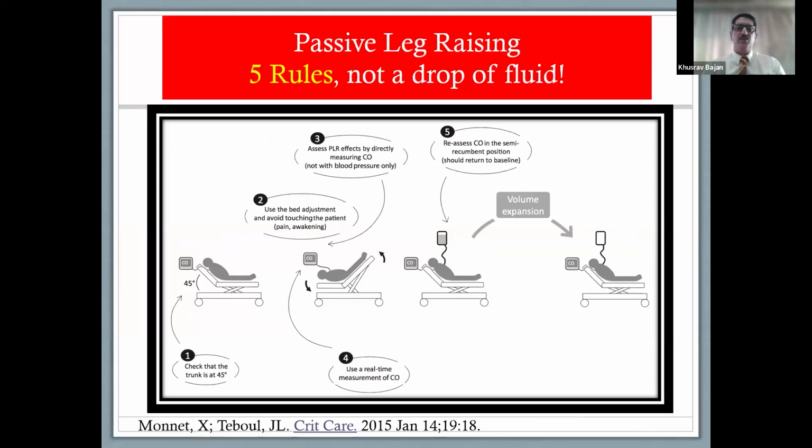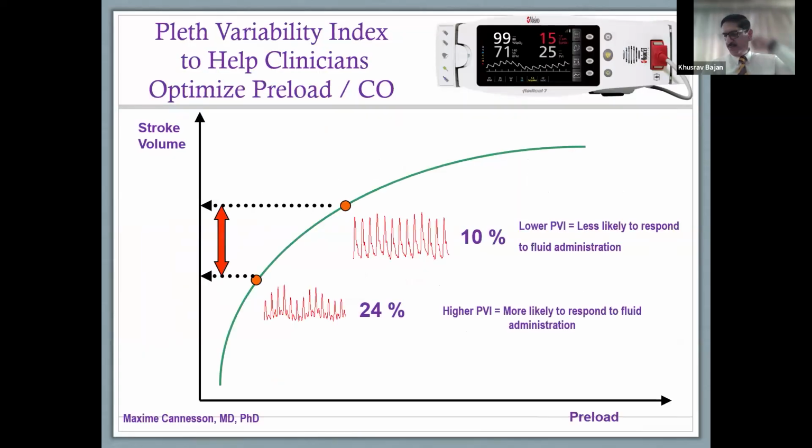And it is extremely useful. Many a times we can have the pulse variation index being seen in the specialized pulse oximeters. And here an indication of 10% or less would indicate that we can give fluids. And if it is more than 24, then it is less likely that they would need fluids.